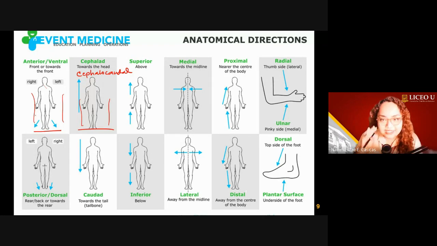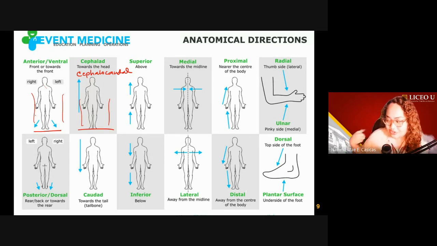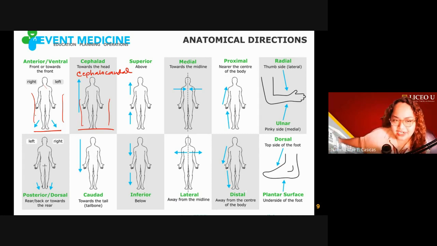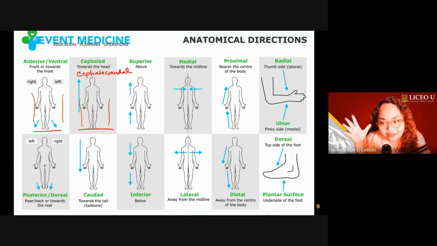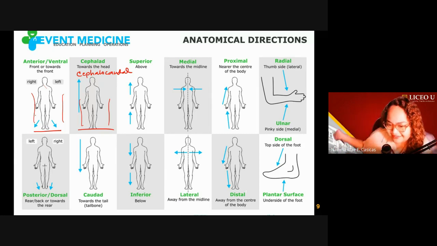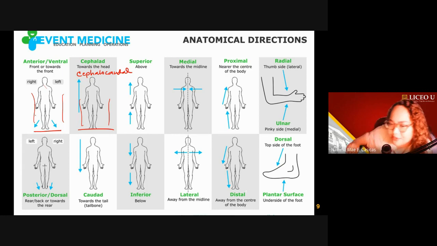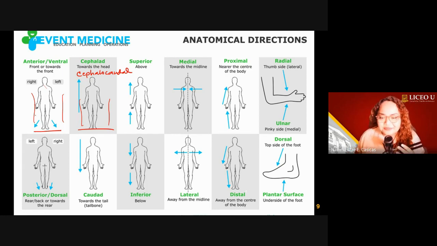That bone is medial to your shoulder, pertaining to your anatomical position. Your thumb is lateral to your pinky, because that is the normal anatomical position, right? So this is lateral, and this is more medial, your pinky. So that's medial and lateral.